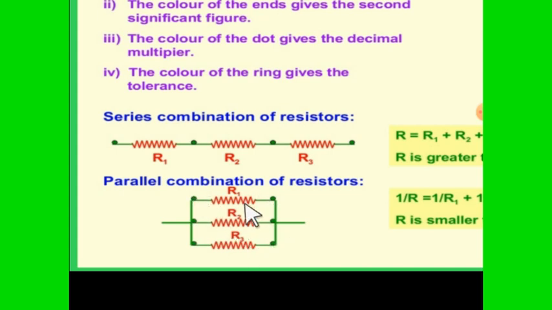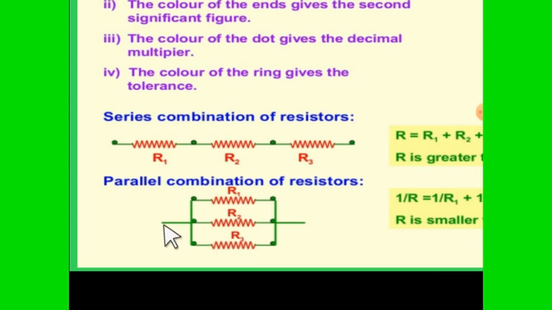The potential difference across R1, across R2, and across R3 will have the same value. So the first point is that the same potential difference across different resistors will be there in the case of parallel connection.